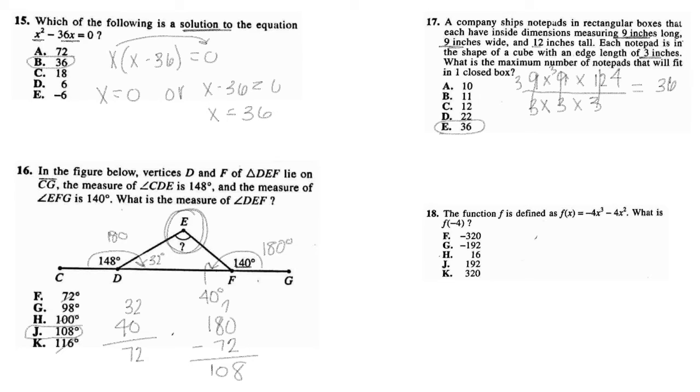Okay, looking at number 18, this problem is just a plug-in problem. Everywhere we see an x, I need to change it to -4. And of course, they have some negatives out here to try to mess us up. So we do have to be careful with this. So f at -4 equals -4 times.